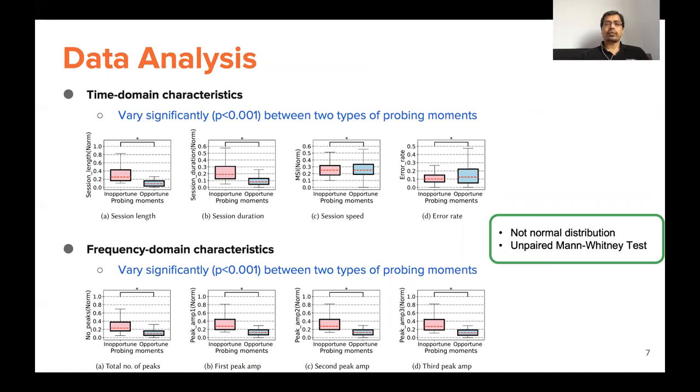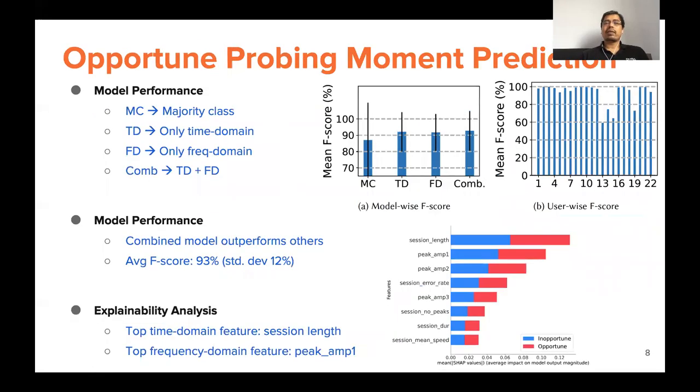We see that all the time domain characteristics like session length, session duration, session speed, and error rate vary significantly. Similarly, the number of peaks and the first, second, and third peak amplitudes also vary significantly between opportune and inopportune moments. So leveraging those, we have developed multiple machine learning based models.